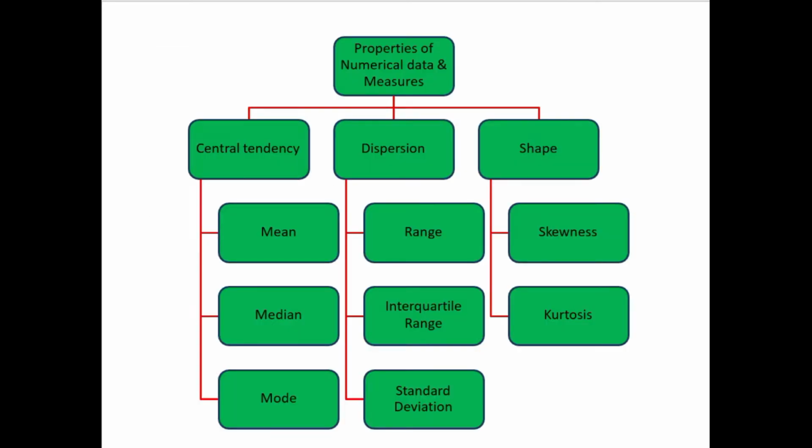This is the graphical representation: properties of numerical data and measures, central tendency, dispersion and shape. Central tendency means mean, median, mode, and dispersion: range, interquartile range, standard deviation, and shape: skewness, kurtosis. We'll move on to the next slide.